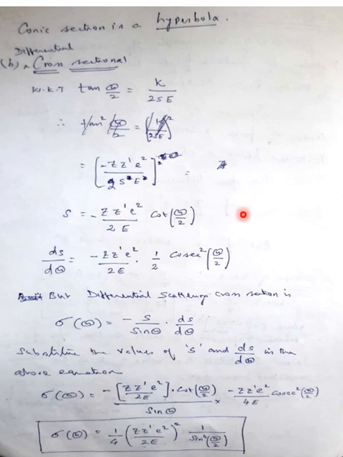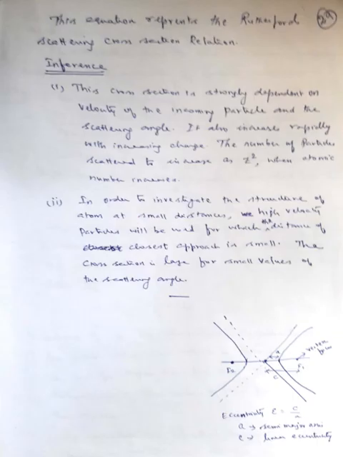By applying this value, cross multiplying and solving, we get this value. This is called the Rutherford scattering equation.